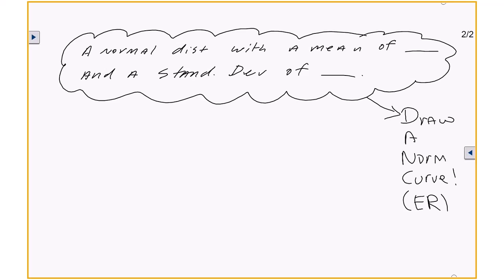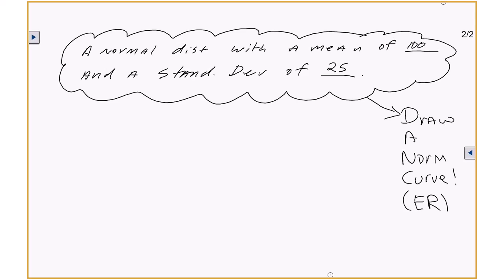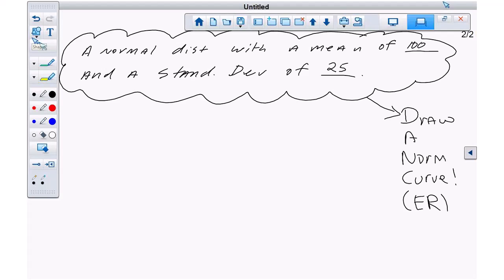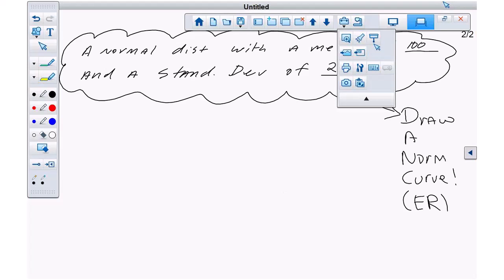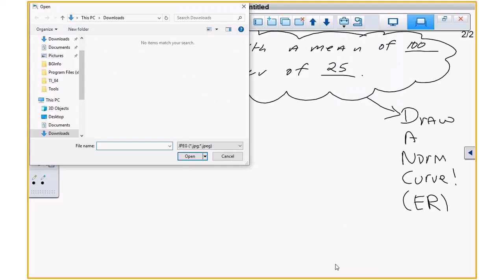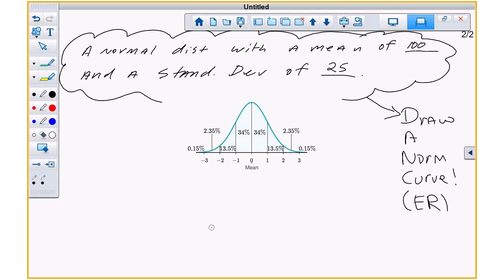So I'm going to put a mean of 100 and a standard deviation of 25. So I'm going to pull in my handy dandy, because I don't want to draw it 15,000 times like 25 of y'all are going to do. And let's pull in, there we go.